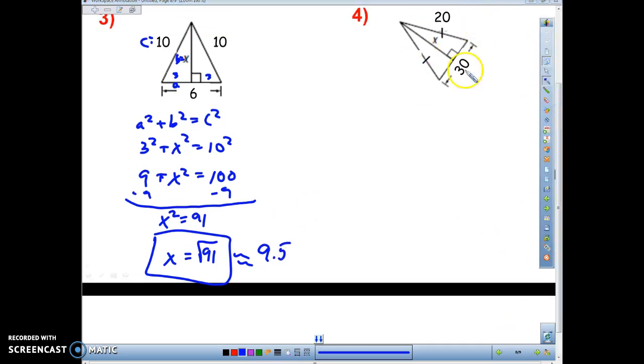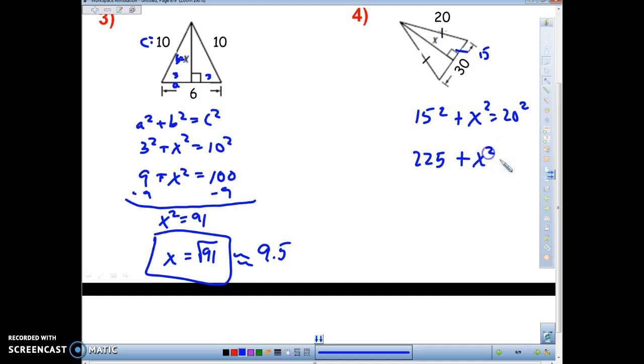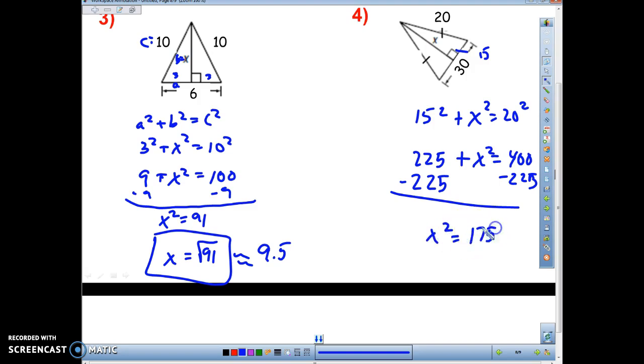Okay, and again for this side, same idea. This side is going to be 15, so I get 15 squared plus X squared is equal to 20 squared. Here you're going to need your calculator for these. So this gives me 225 plus X squared is equal to 400. I subtract 225 from each side, and this gives me X squared is equal to 175.